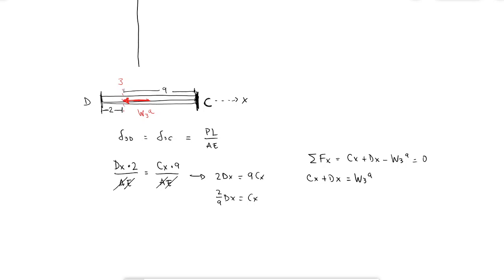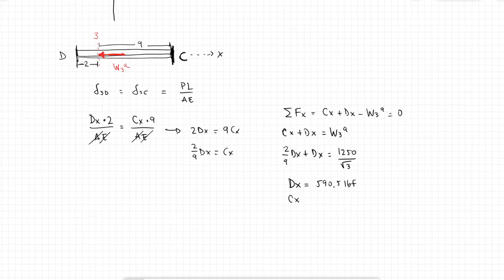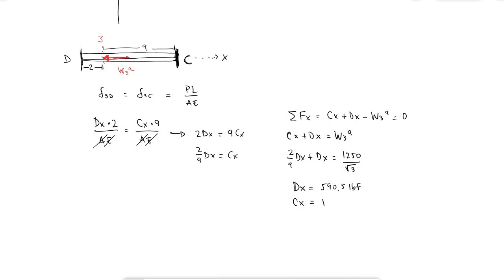So if Cx, which is 2/9 of dx, plus dx is equal to W3a, which was the 1250 over square root of 3, I get that dx is 590.5 and that Cx is equal to 131.2 pound force.